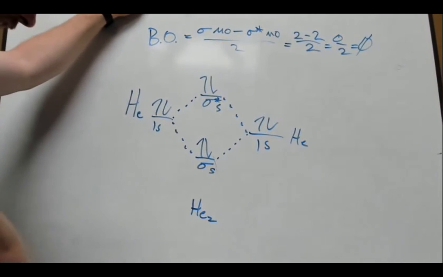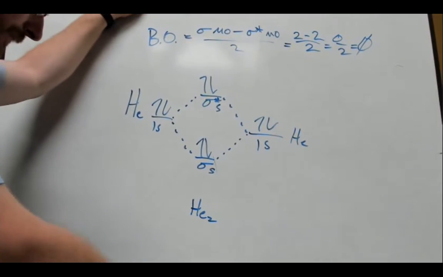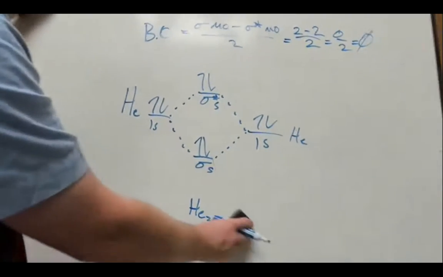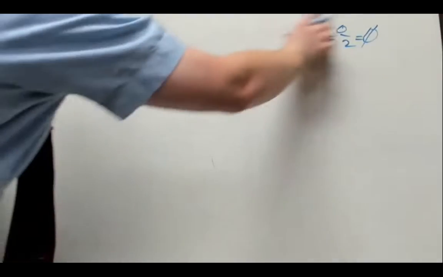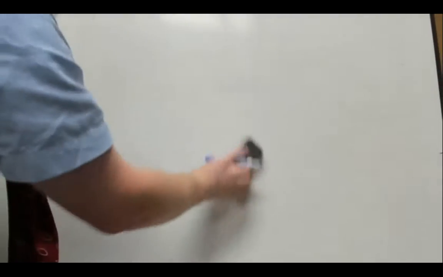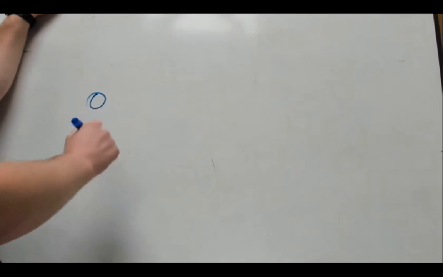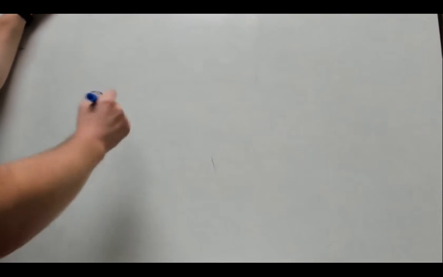I want you to try something. I'll show you one, and then I want you to do a couple of others. So let's look at oxygen. Oxygen has 6 valence electrons.